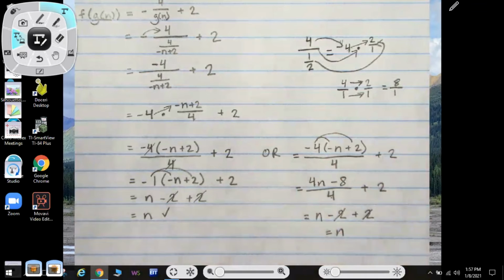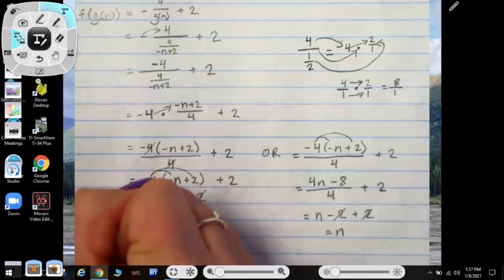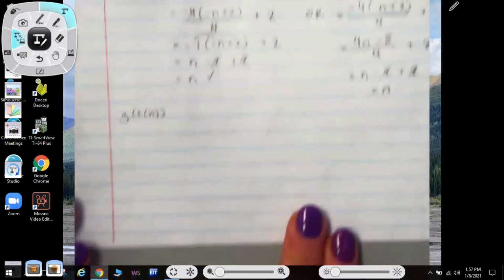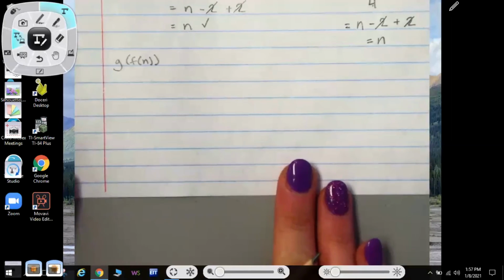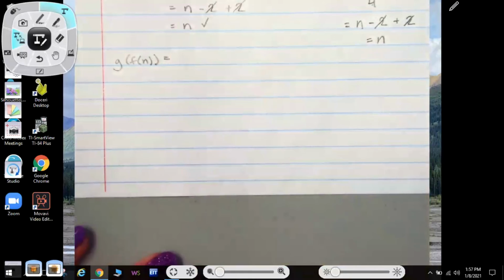So now we did f of g of n. Now we have to do g of f of n and see if that works. Okay, g of f of n.